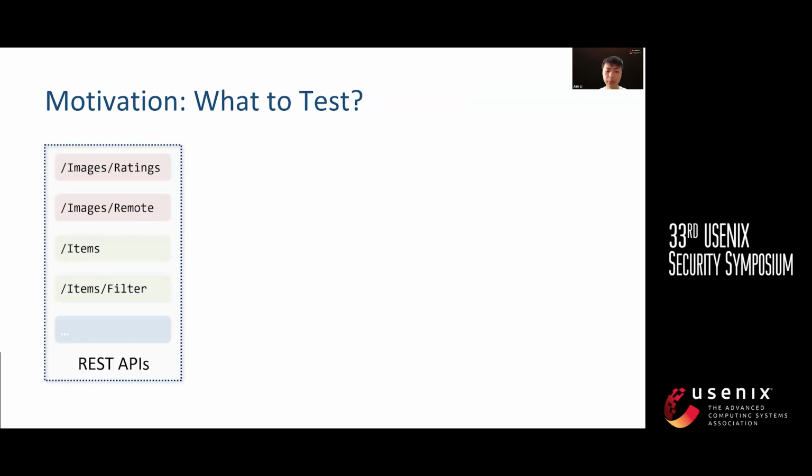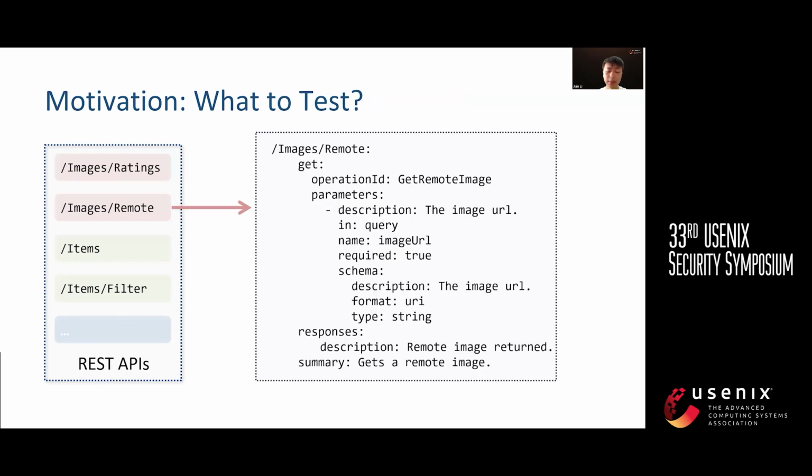Assume you have the application documentation for Jellyfin with so many endpoints. Let's say Images Remote. The documentation tells you it is for getting a remote image. And you notice there is a parameter named imageUrl. You may think, what if the image URL points to an internal resource?